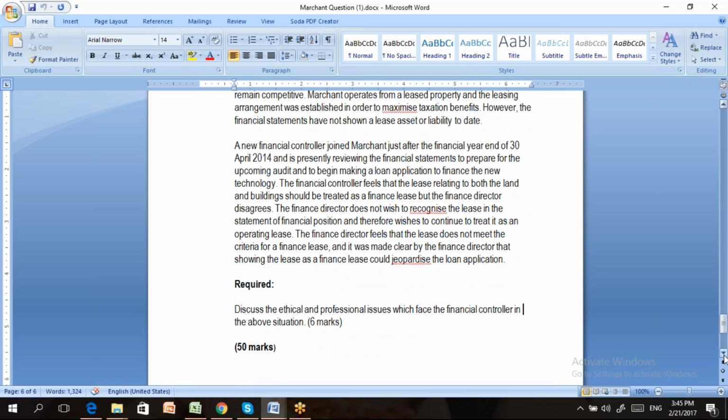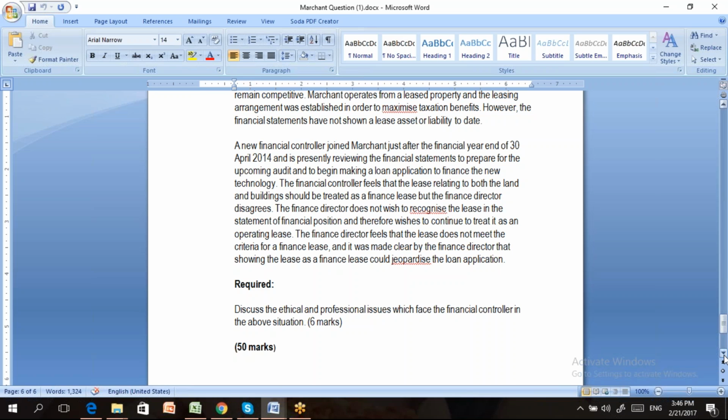So here you join the company as a new financial controller. You think these assets must be coming under finance lease, but right at the moment they treat it as an operating lease. The finance director feels you should not bring it, because if you bring it, it's going to jeopardize the loan application. How can it jeopardize the loan application, Fiona?